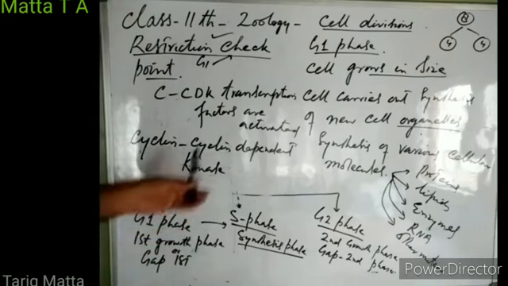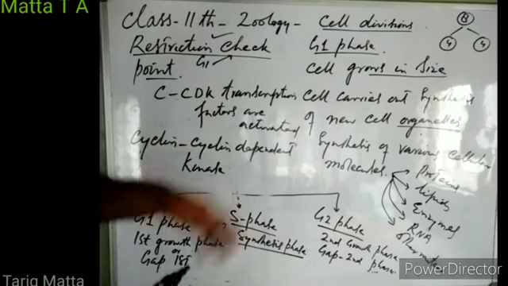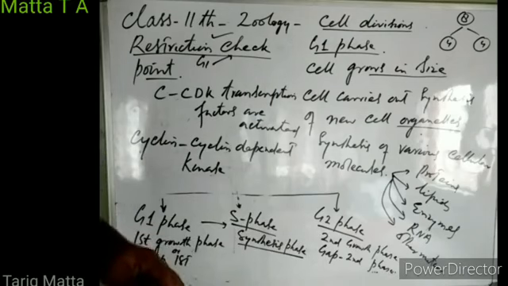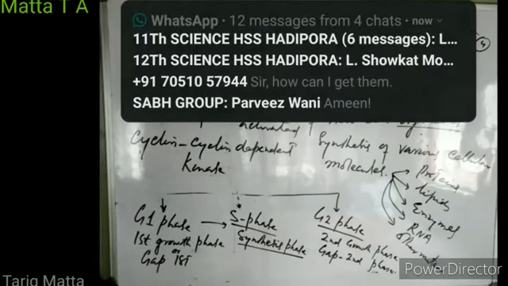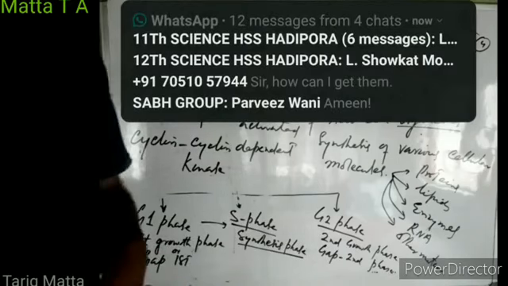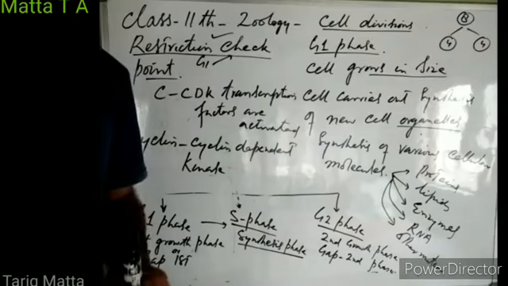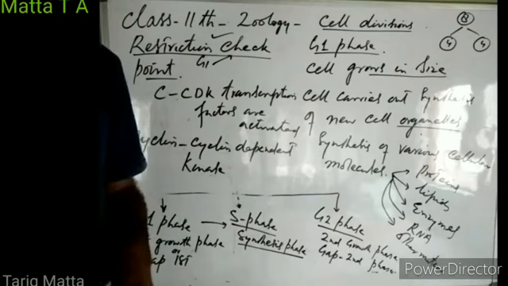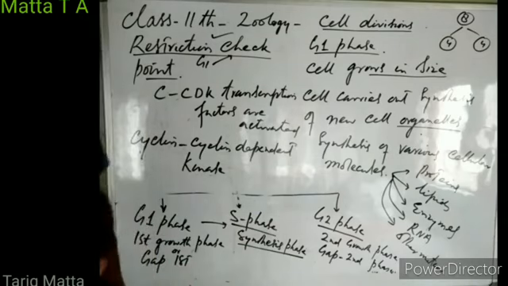Now we will summarize what happens in the G1 phase again, right? In the G1 phase, first the cell shows growth. The cell enlarges in size. So how does the cell enlarge in size? This cell carries out synthesis of its various cellular molecules. Proteins are synthesized, enzymes are synthesized, lipids are synthesized, other cellular molecules are synthesized.